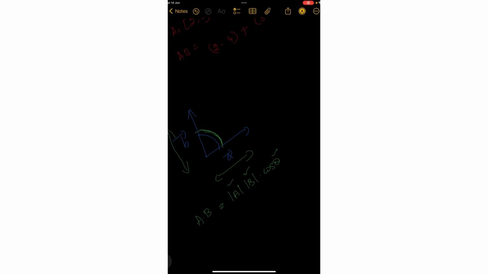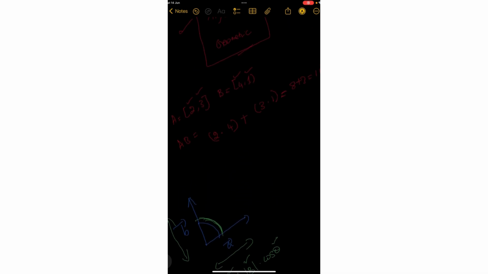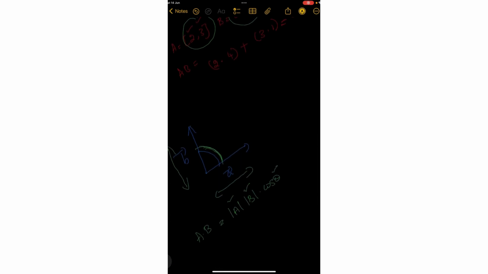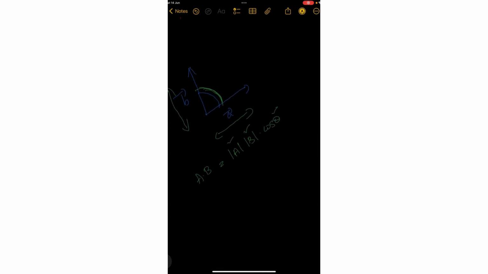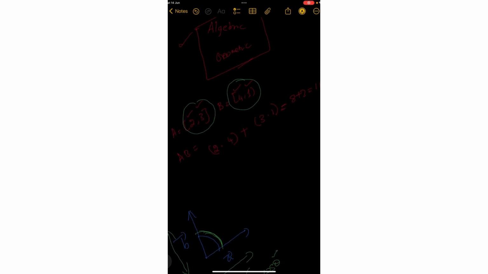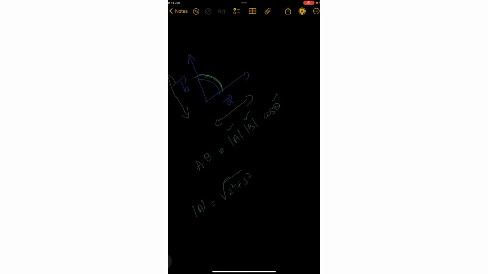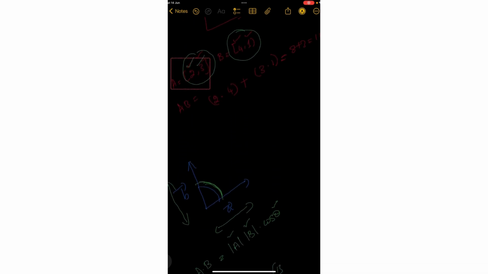So for the above, let's take this example and compute it in the geometric form. I am applying the magnitude formula. So basically it is 2 square plus 3 square, since the coordinates are 2 and 3. We square and find the square root, which results in root 13. Again we find it for b, with coordinates 4, 1.